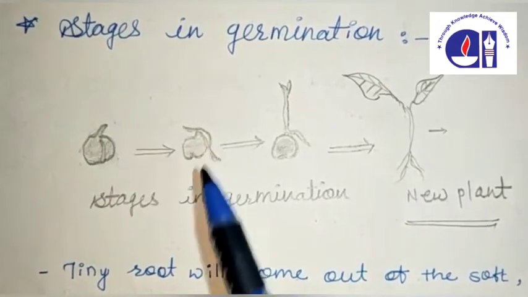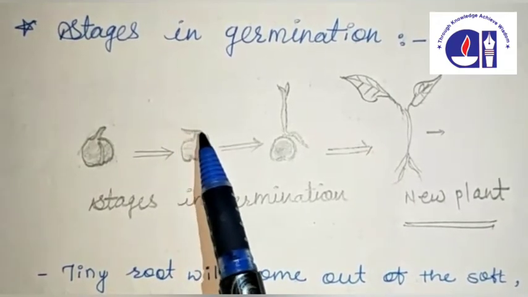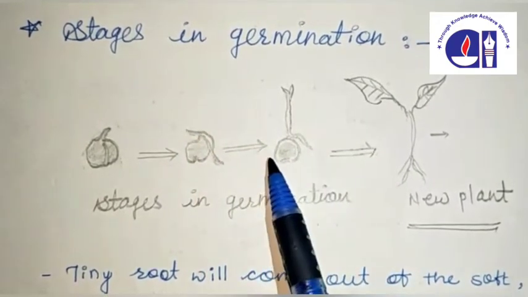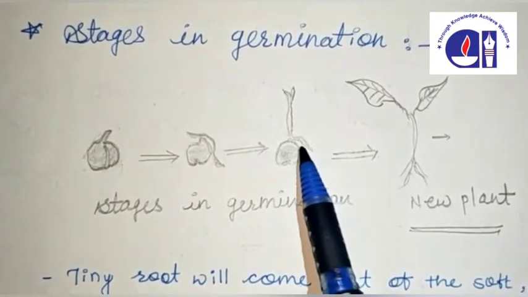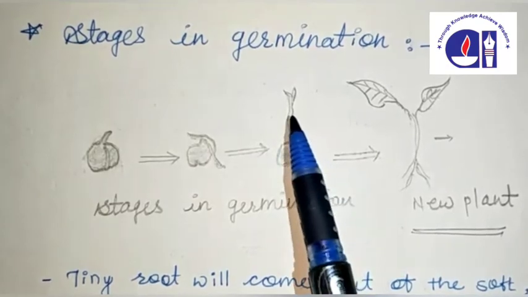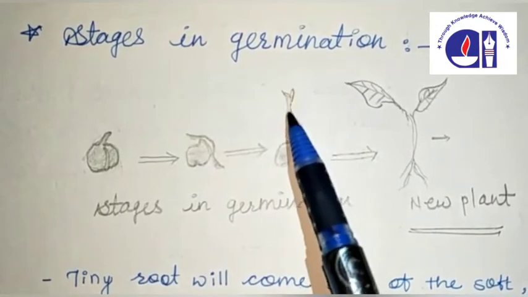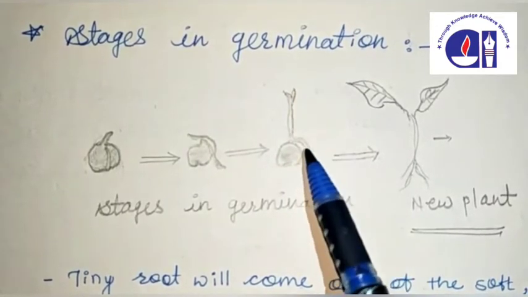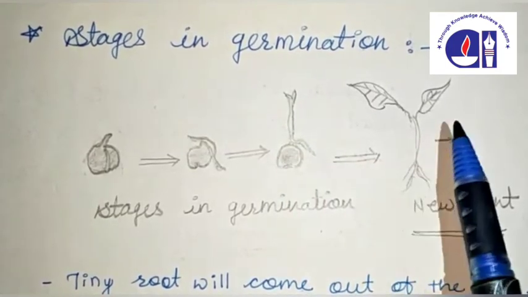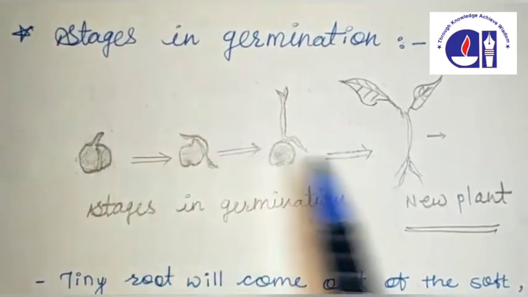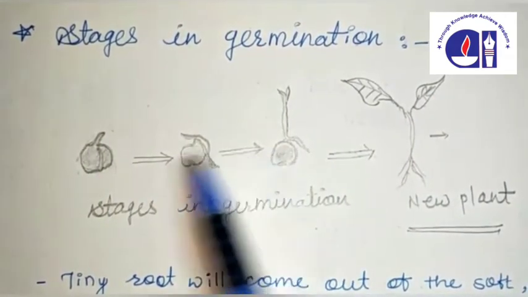Then in the next step, what happened? The shoot starts to grow, or the shoot comes out. Then in the next stage, the root of the seed grows downwards towards gravity, and the shoot of the seed grows towards the sunlight. And this seedling grows into a new plant. So from seed to new plant, these are all the stages in germination.